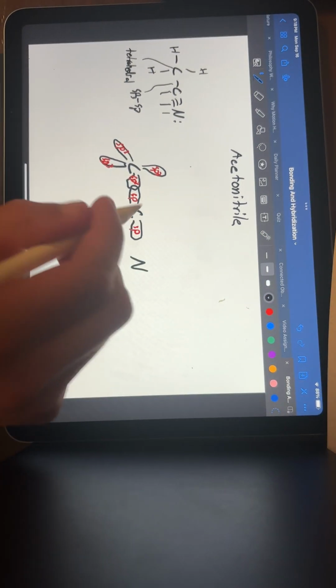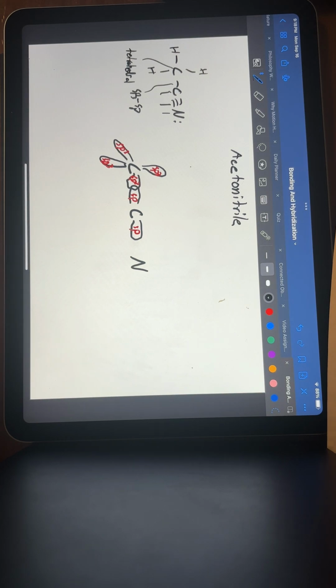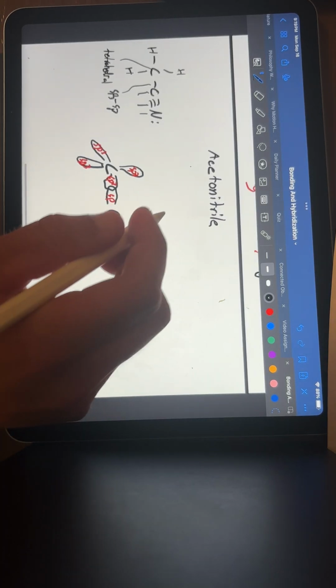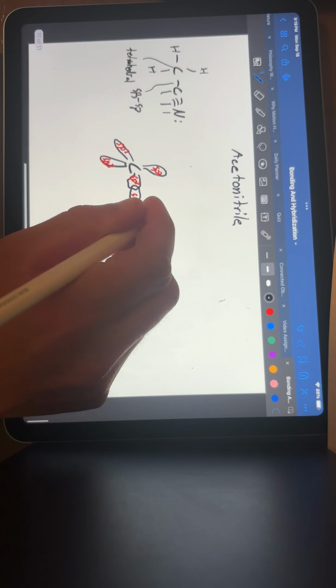And since it's linear, it's going to have two sp orbitals and two p orbitals, so we know that those are going to overlap in this direction here.